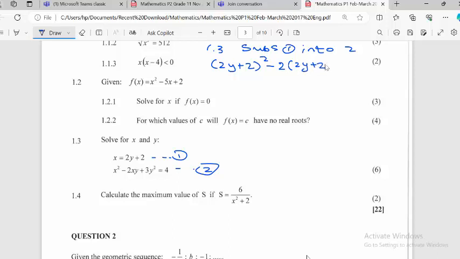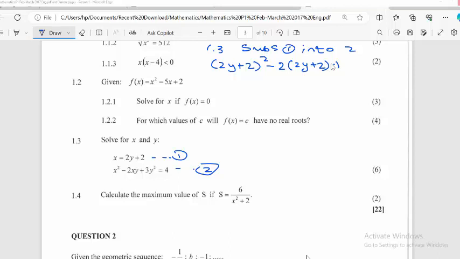This question will be slightly longer than usual, but for 6 marks it's worth it. And then plus 3y squared, right? Plus 3y squared. I'm just waiting for the pen to unfreeze.